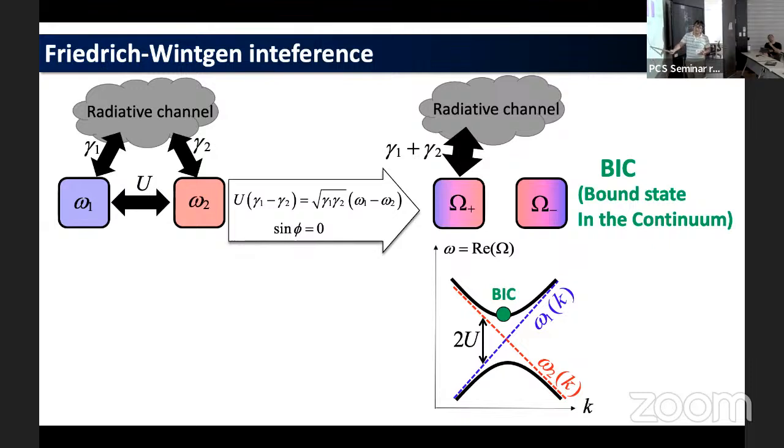So this branch is a dark band mode, and this band is a bright mode. So this is a scheme that helps us to engineer bound states in the continuum, because we just need to make anti-crossing in the momentum space. And in general, not all the time, because also in this condition, we can engineer some lossless state.